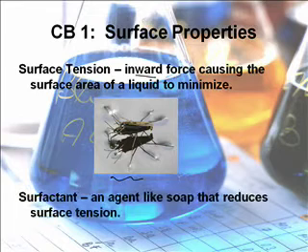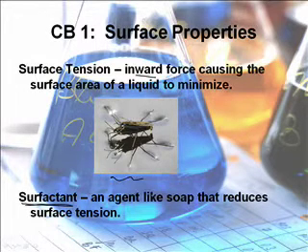And if you want to reduce the surface tension, you can have a substance called a surfactant. Say surfactant. Isn't that a cool word? Soap is an example of this, and it can reduce the surface tension, and then the skeeter bug may or may not be able to walk on top of the water.